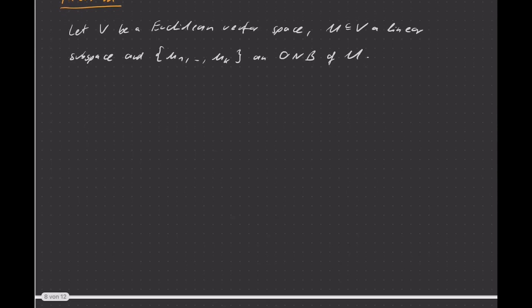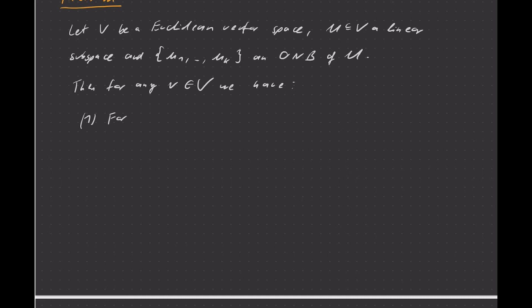Then we can compute the projection of any vector on U even more easily, because the following holds. For any v in V, the first is basically what we know already.